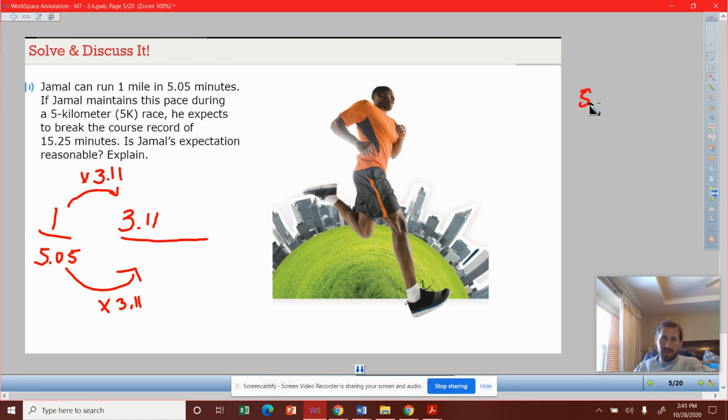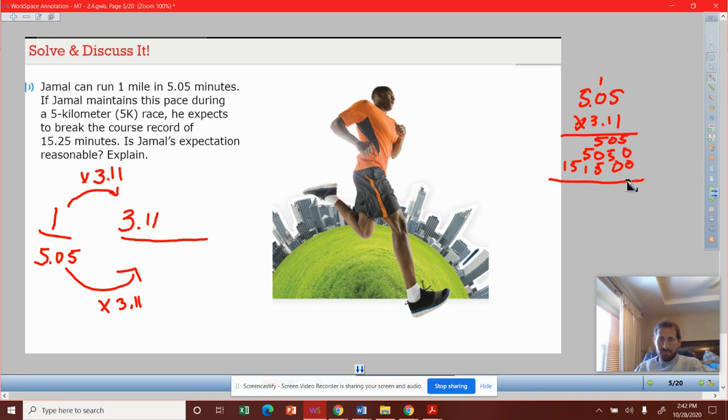what is 5.05 times 3.11. So 1 times 5, 5, 0, 5. Bring down, and then 1 times those again, it's 5, 0, 5. Bring down 2 ones to 3 times 5 is 15. 3 times 0, but carried that 1. 3 times 5, another 15.